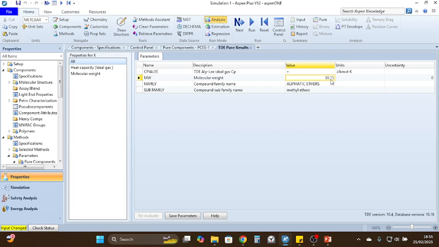If you remember, the molecular weight that we had obtained from just giving the molecular structure previously was around 74 to 77 kg per kilomole. But over here you can see it is 88.15. This becomes more precise by using a mole file.